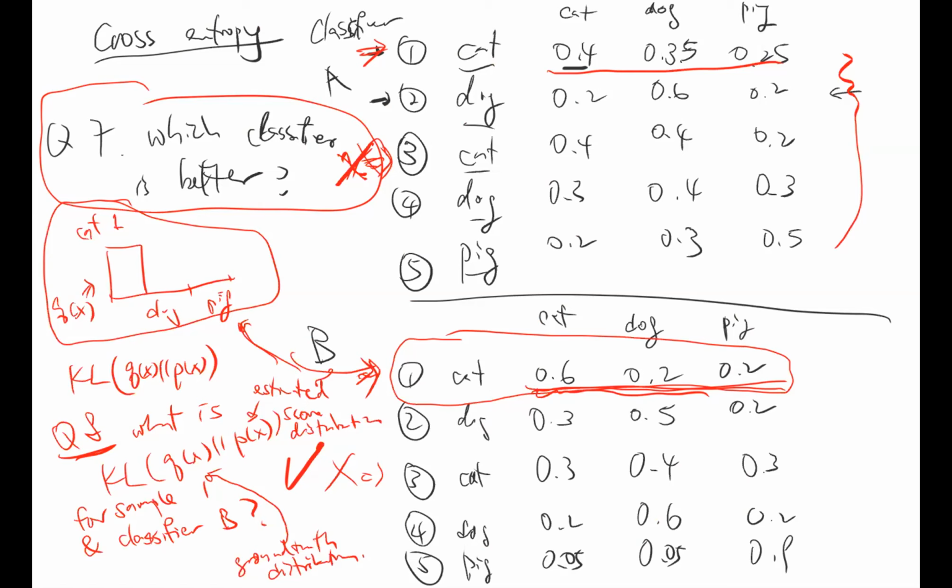Can I go back to question 7 and ask which one is better again? Give me the value, which has the smaller cross entropy.